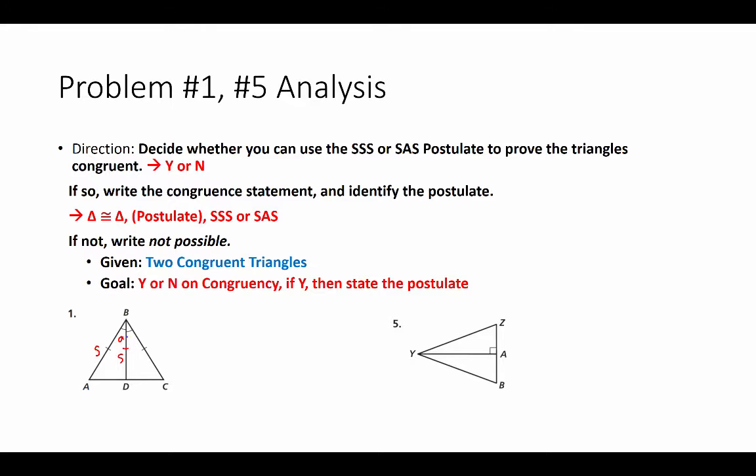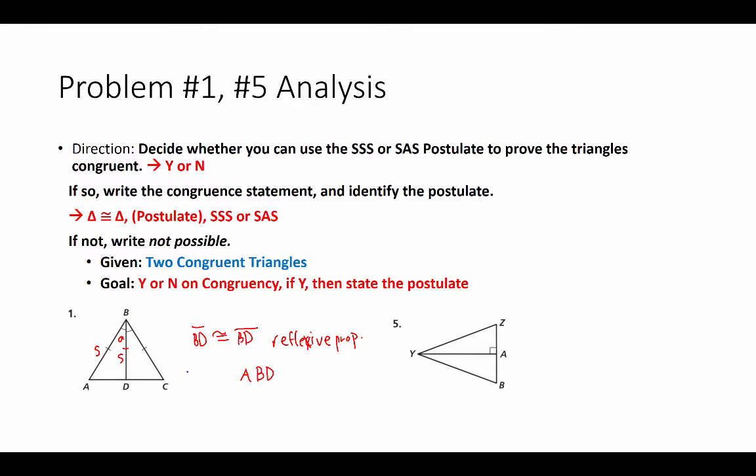Now, by the reflexive property, BD, because it's adjacent to each triangle, is shared. The segment BD is congruent with segment BD by the reflexive property. So in other words, triangles ABD and DBC are congruent.